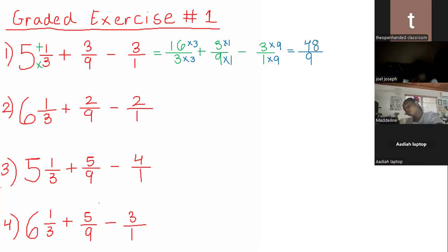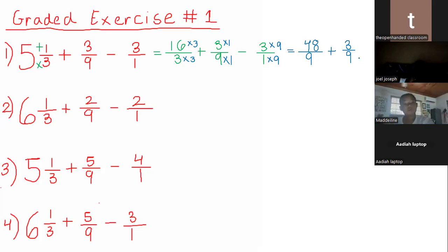Plus 3 times 1, which is 3, all over 9 times 1, which is 9. Minus 3 times 9, which is 27, over 1 times 9, which is 9.